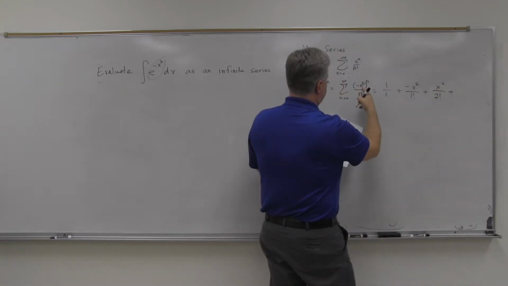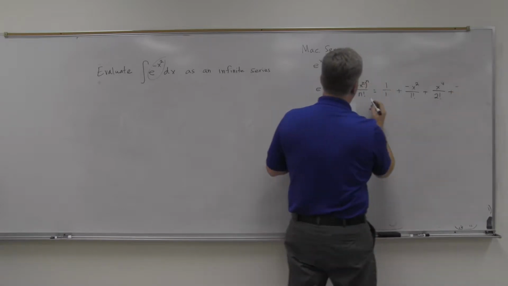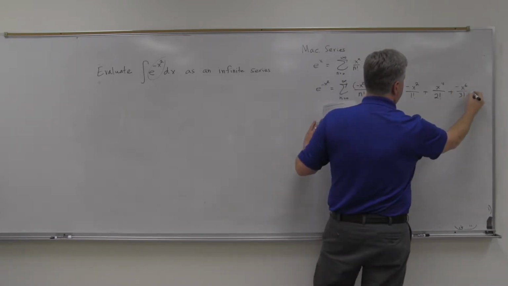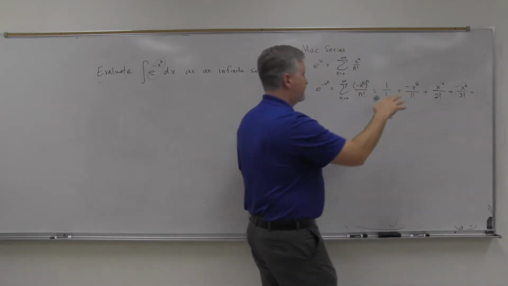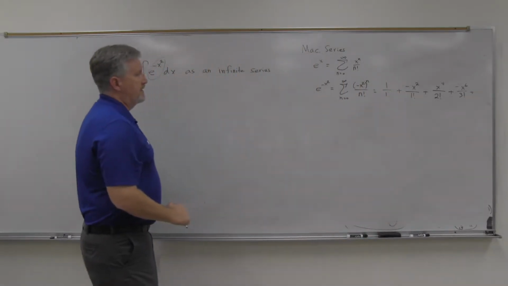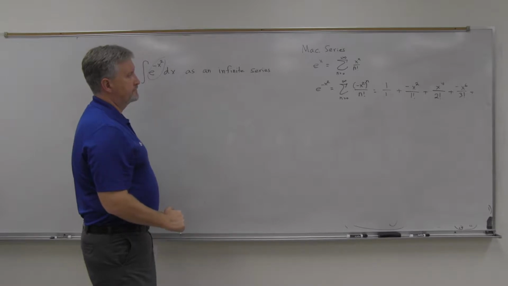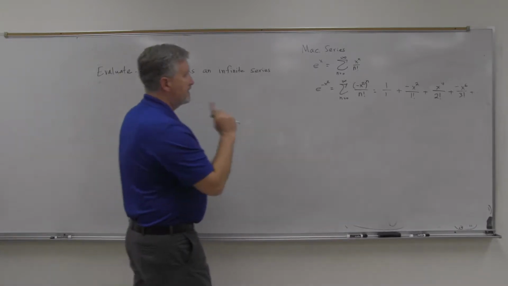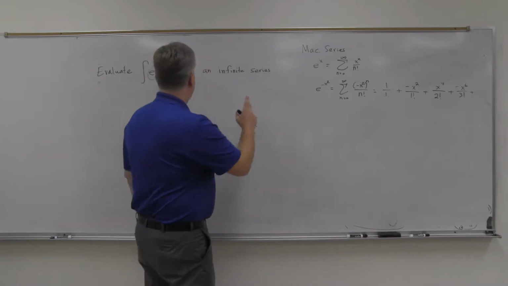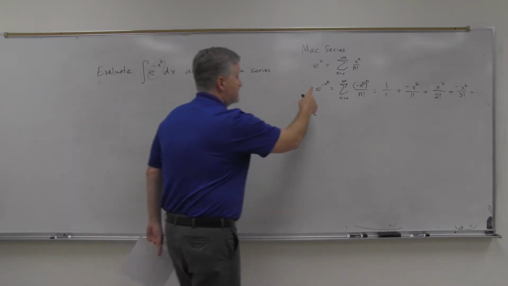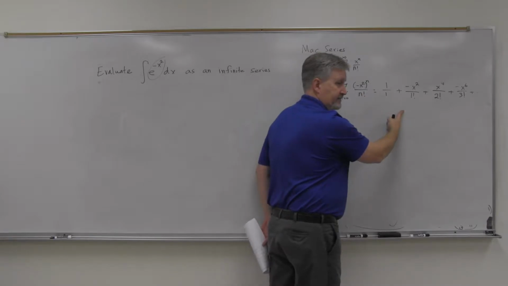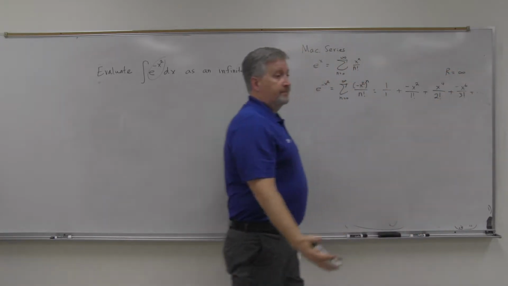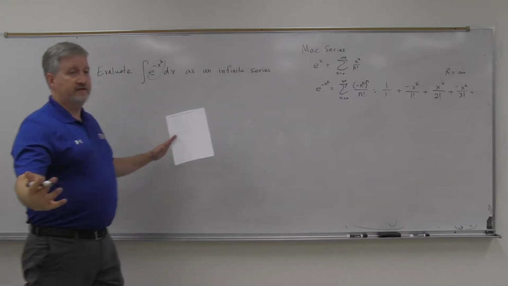If I did n equals 3, I'd have negative x to the 6th over 3 factorial, so I think we can see the pattern there. It's alternating signs and even powers of x. Anyway, here's the deal. So this says this equals that. And if you'll notice, the radius of convergence is infinity, so it's good for all x.